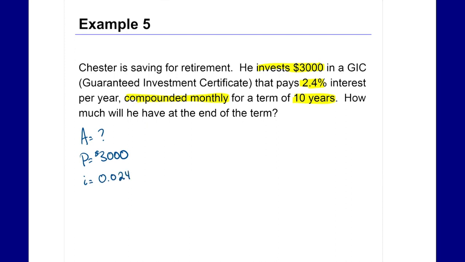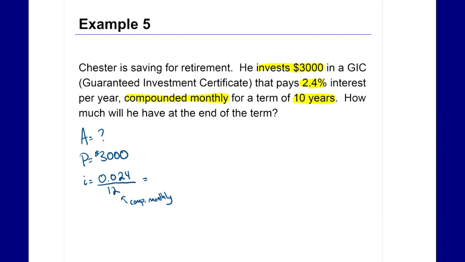Our I is 2.4% or 0.024. However, because it's compounded monthly, we have to take this rate per year and divide it by 12. So it calculates the interest every month, but we have to divide that 2.4% up into 12 compounding periods.